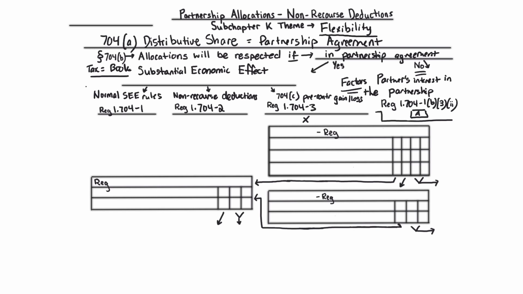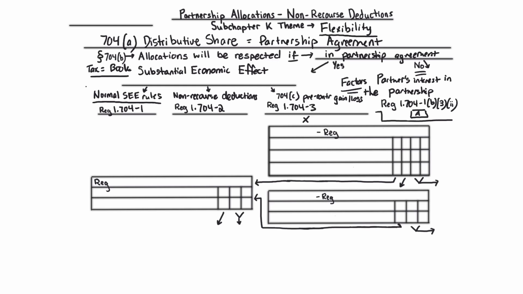Now, at this point in the video, if you have not yet watched my normal SEE rule video, where I go over substantial economic effect and go through a map like this, a flow chart like this, please stop the video and watch that video right now, because to learn about non-recourse deductions, you have to understand the normal SEE rules first, okay?